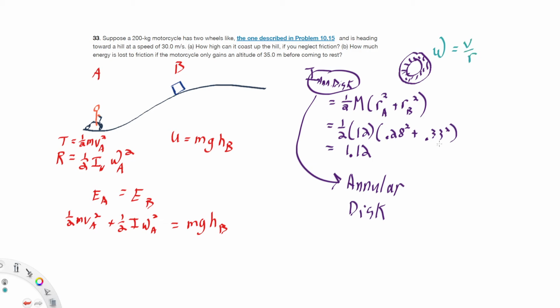And our big radius is 0.33, so it's going to be 30 over 0.33. It's going to be about 90. And at this point, we have everything we need to solve for the height at B.